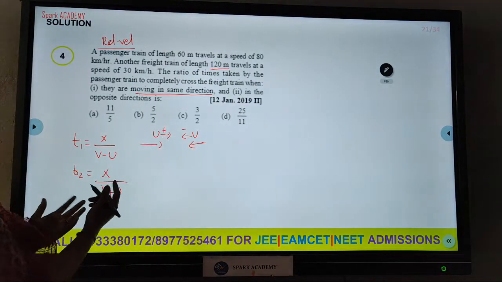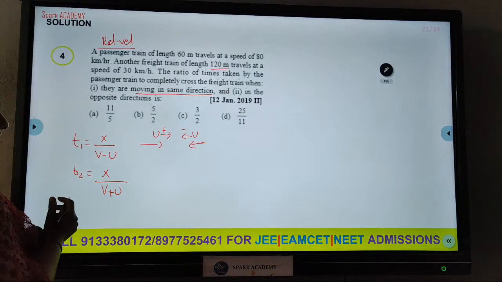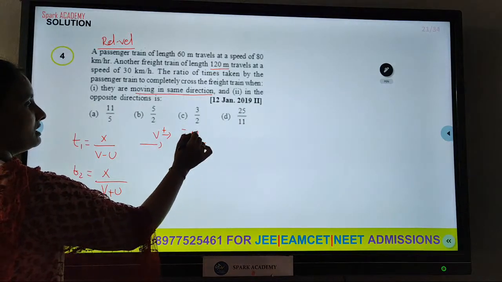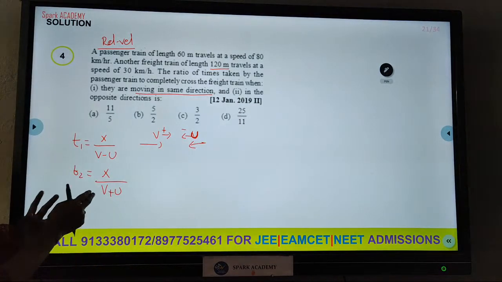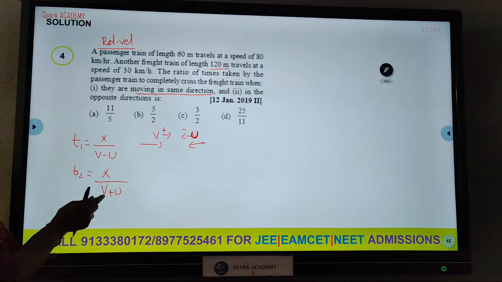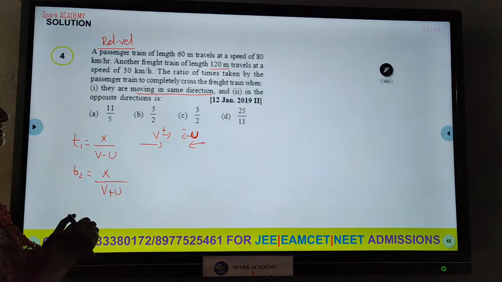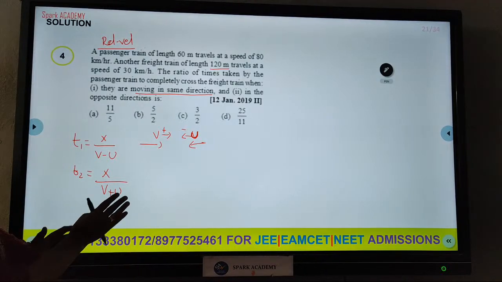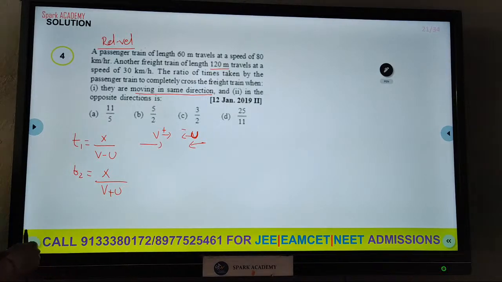We consider v and v, because we are taking the first train as v in the formula given that way. So as per whatever directions you have initially chosen, till the process completes, maintain the same sign convention.